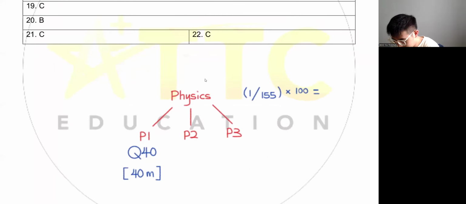Just now in the morning, I already calculated, it is 0.645 marks. Which means every 1 mark you get is actually 0.645 marks. And that also applies to paper 2 and paper 3. Every mark you see is actually only 0.645 marks.